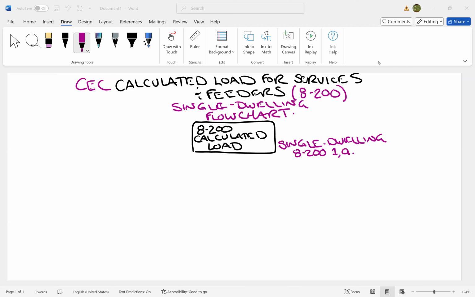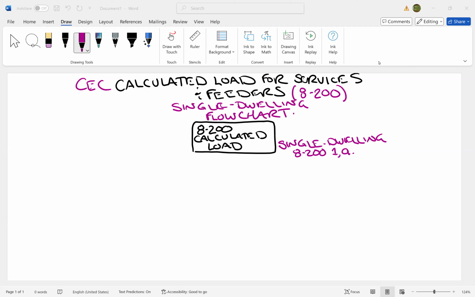If yes, then you're going to look at 8-200, 1A4, which will tell you to add 6,000 watts for up to... I'm going to do this in another little bit of a spreadsheet.